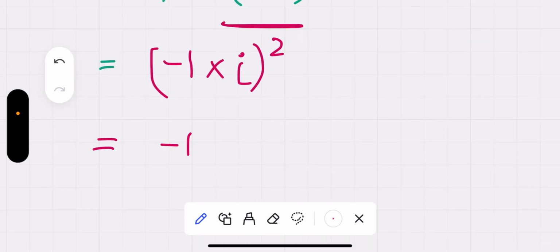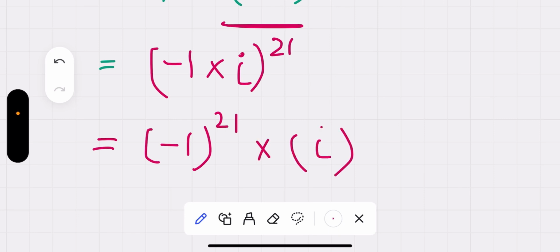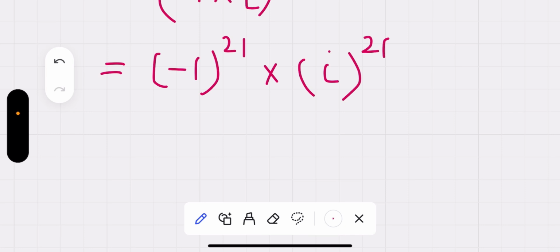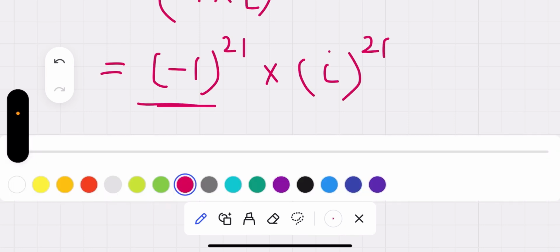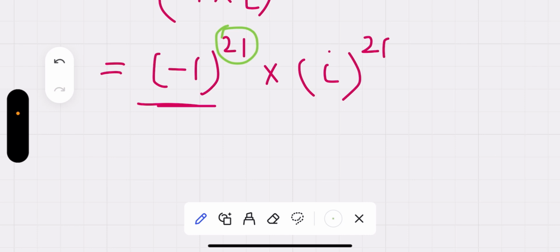And this minus 1 will be separated, and iota power 21 will be separated. And since this is odd power of negative sign, we shall get negative 1 times, now this is iota power 21.